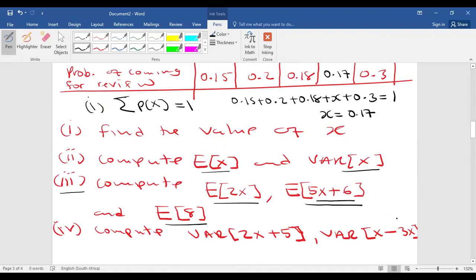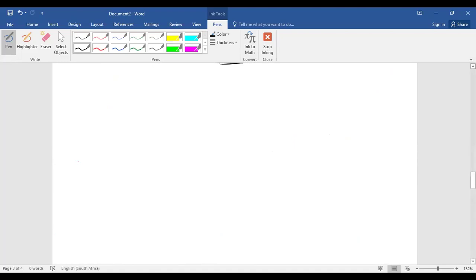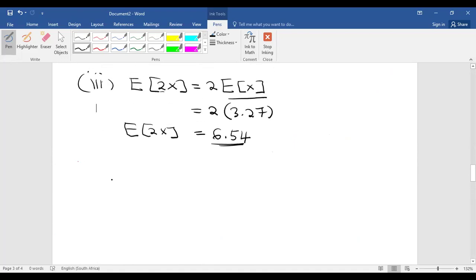Expected value of 5x plus 6. The next question, they want us to compute expected value of 5x plus 6. So we are going to apply the linear property by splitting this and that.